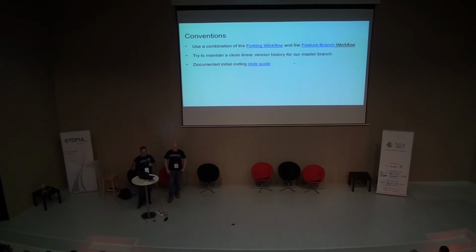We're using Git in a very specific way that we've documented. We're trying to keep our branches clean. We have style guides, right? So we're trying to make it so somebody can come to the project and see all of this stuff documented, including review criteria and code of conduct. If you go to make an issue or a pull request, there are already templates there to help you provide good information.